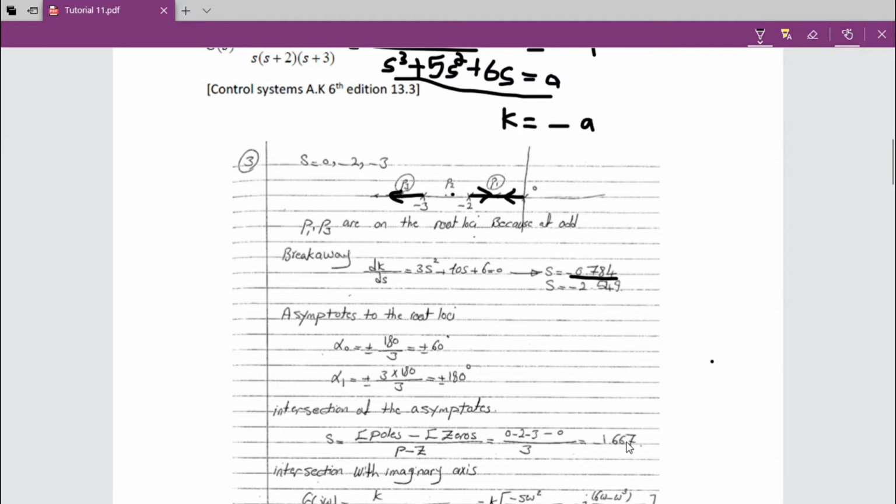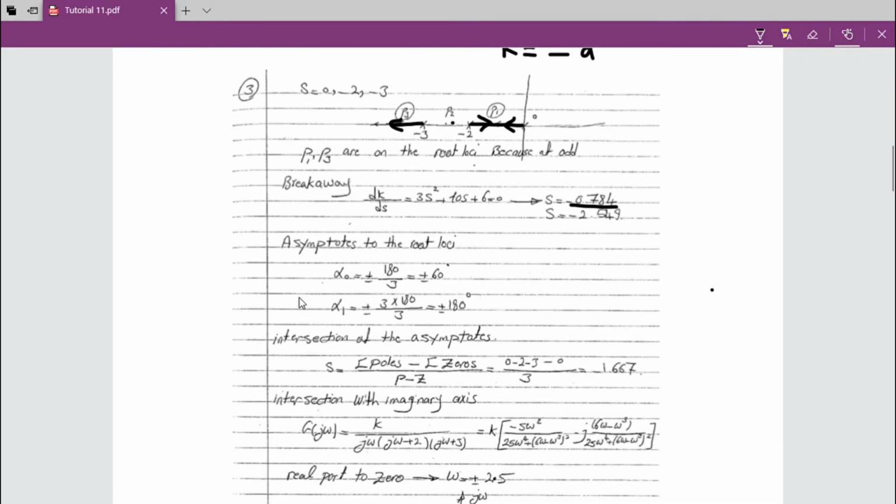Since there's an asymptote, it will be at an angle of plus or minus 60 degrees or plus or minus 180 degrees. Either way it can intersect the j omega axis, so we just need to check for the intersection, whether the root locus pattern intersects the j omega axis.